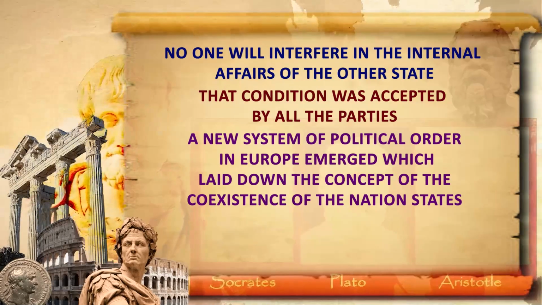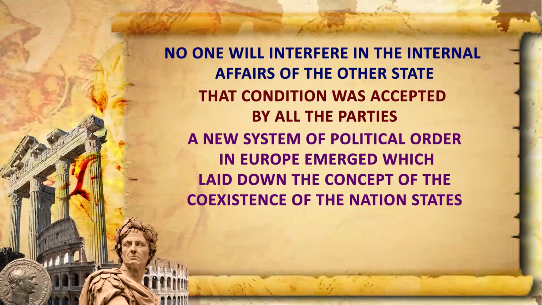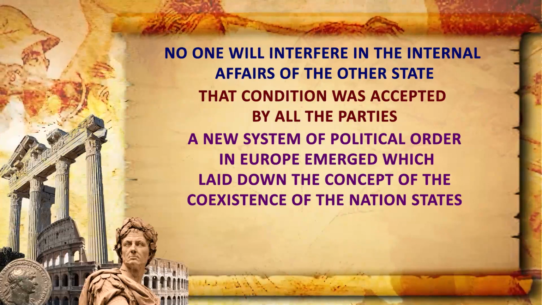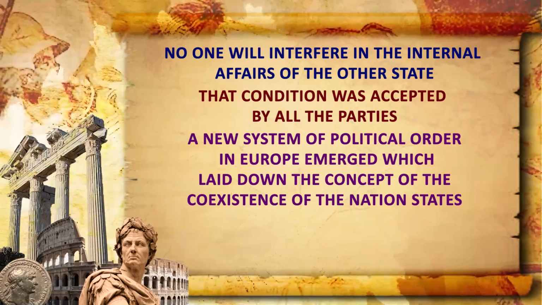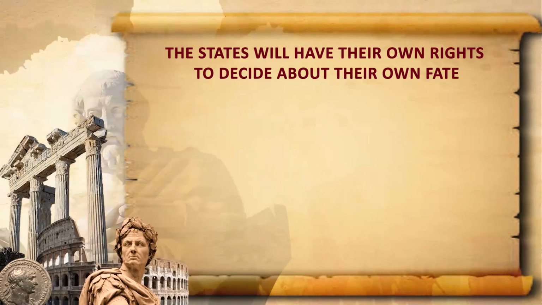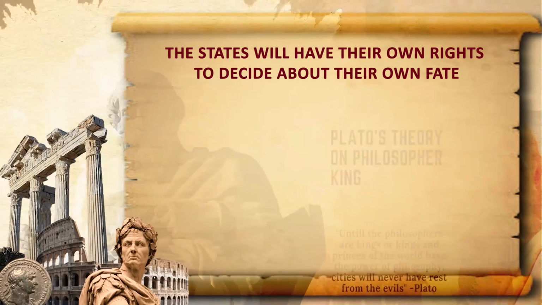A new system of political order emerged in Europe, based upon the concept of the coexistence of nation states. That means all the nation states will exist with each other and no one will do any harm to the other states. That condition was also accepted by all the parties, and the states will have their own right to decide about their own fate.